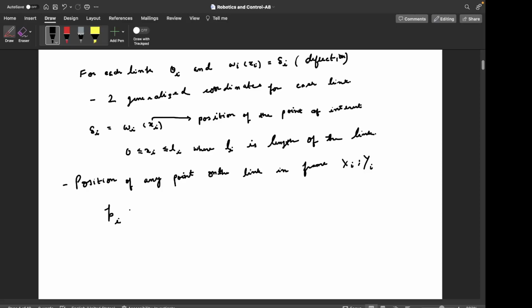So pi is dependent on xi, and it is given by xi itself and some function of xi, which is the deflection.